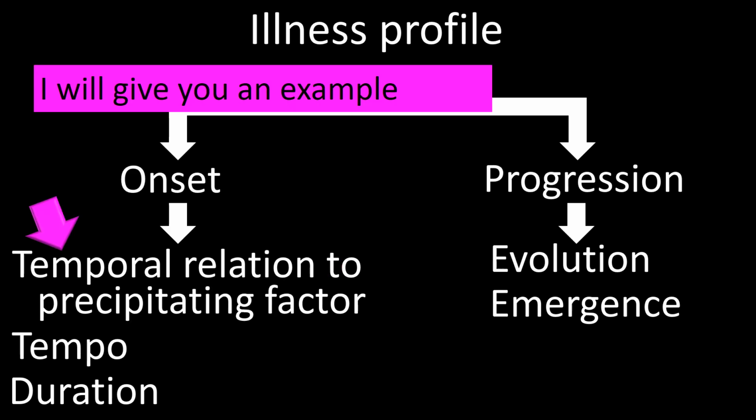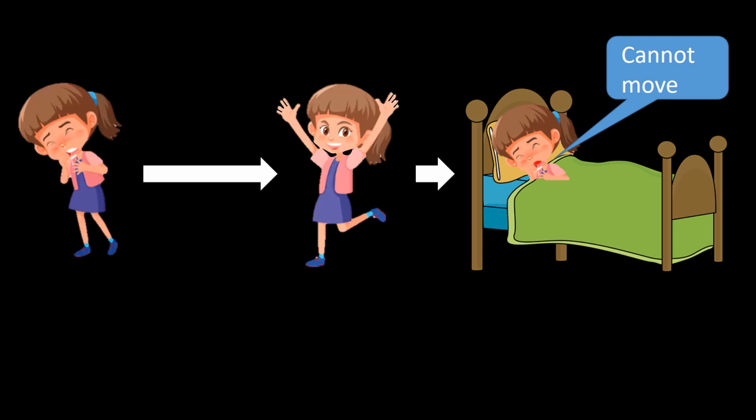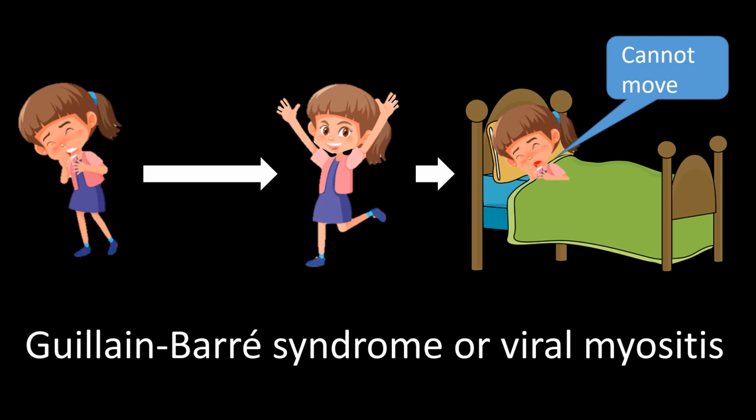I will give you an example. Weakness coinciding with the beginning of a flu probably indicates viral myalgia. Weakness starting 1 week after resolution of flu symptoms is likely to indicate Guillain-Barré syndrome or viral myositis.